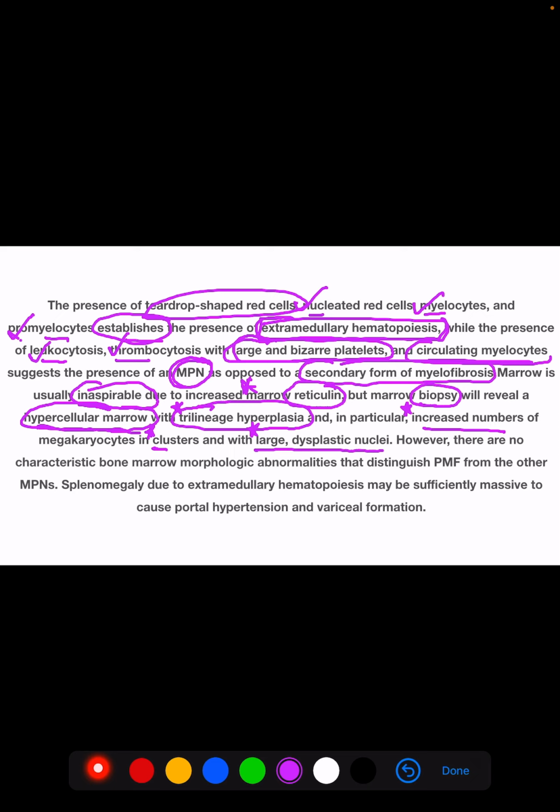However, there are no characteristic bone marrow morphological abnormalities that distinguish primary myelofibrosis from the other myeloproliferative neoplasms.